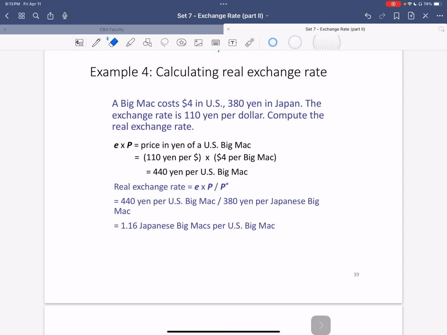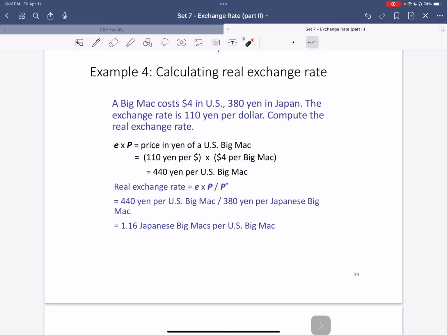So I need to multiply this 110 nominal exchange rate times the level of the prices, 110 times 4, and then divide it by the prices in the foreign country. Foreign country in this example is Japan.